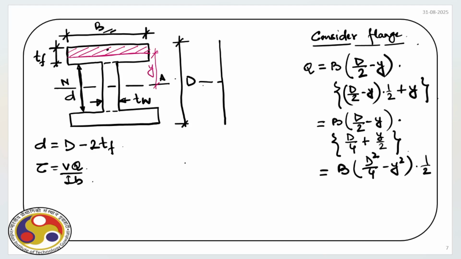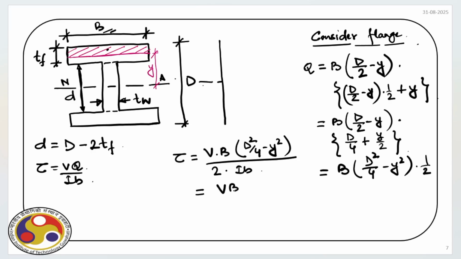Now we can write down the expression of tau. Tau is VQ, V times Q is B times D square by 4 minus y square divided by 2, divided by IB. So further simplification is possible.